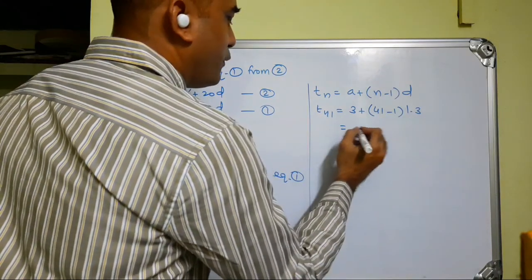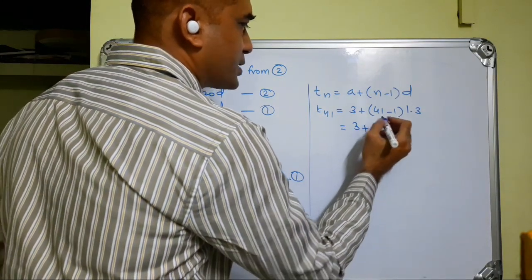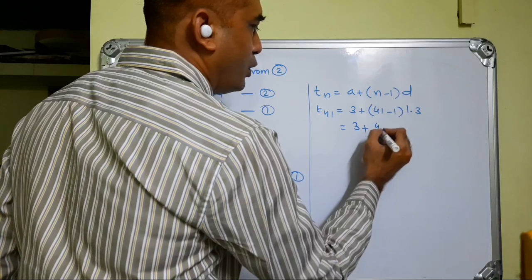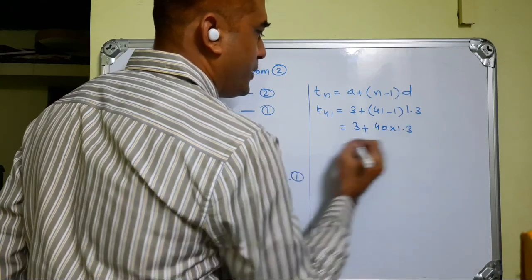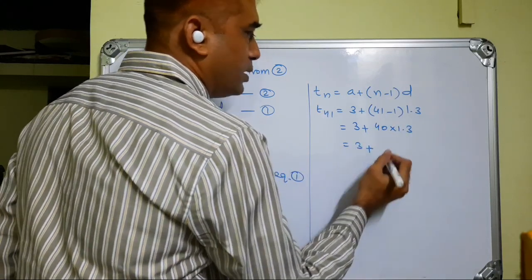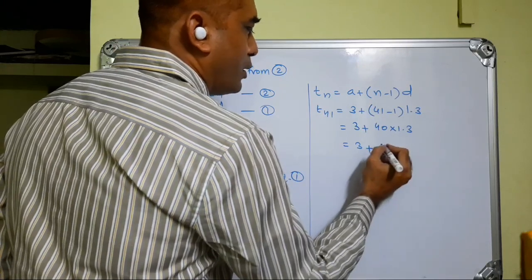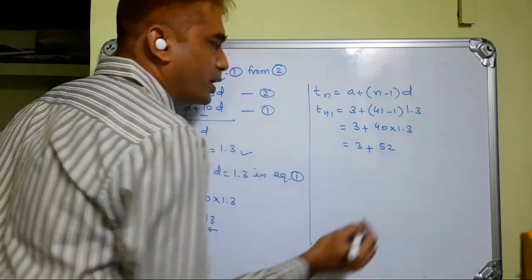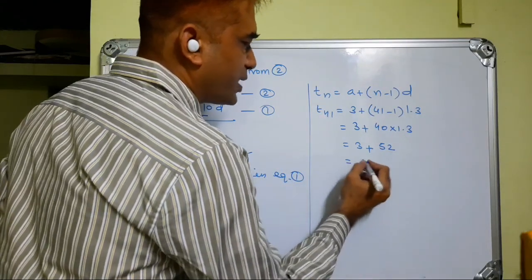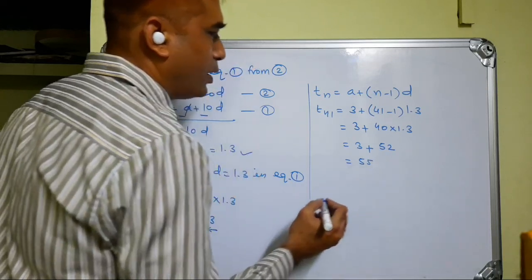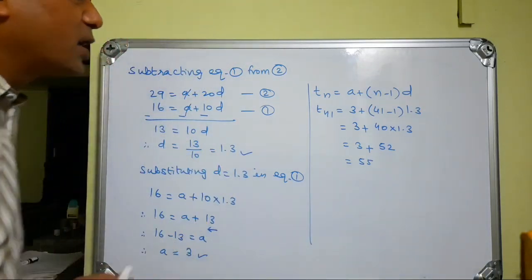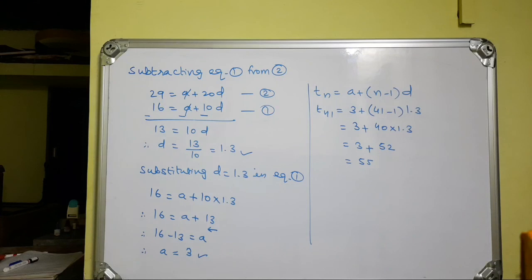So T41 is 3 plus 40 into 1.3. So 3 plus, 4 into 13 will be 52, and 3 plus 52 is 55. So the 41st term will be 55.